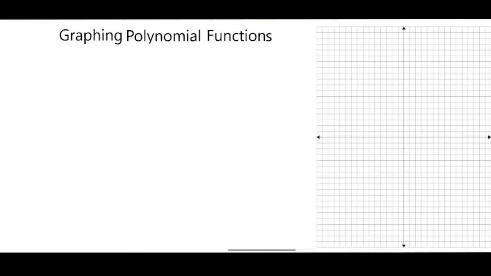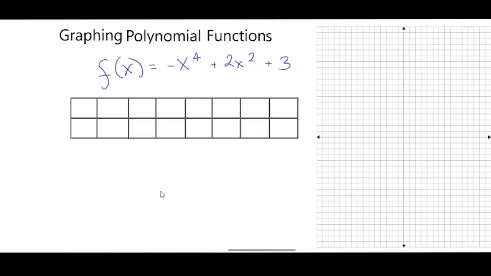All right, so let's say I have f of x equals negative x to the fourth plus 2x squared plus 3. So I'm going to make a table of values, and I'm going to fill that in with some values.